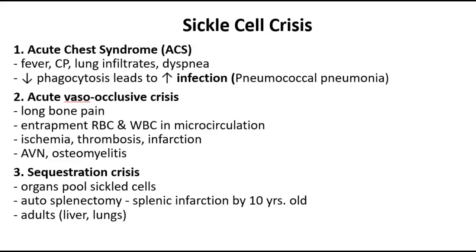We have the acute vaso-occlusive crisis. That is the one we think about with sickle cell crisis. Person experiences basically pain from tissue hypoxia and damage, pallor, jaundice, gallstones. Infection is a major cause of morbidity and mortality.